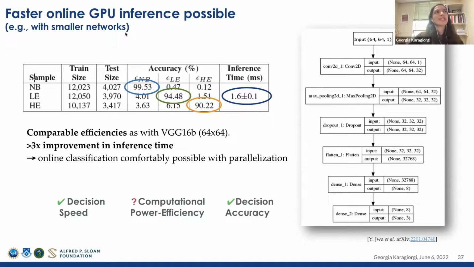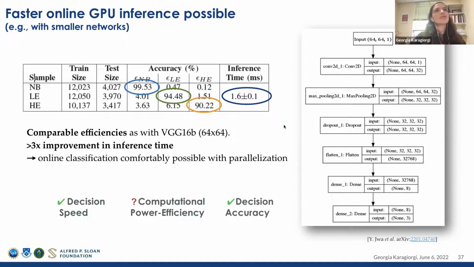So instead of a VGG16 network, we devised a 4-layer CNN that we were able to train so as to maintain efficiency for low energy supernova events and high energy rare events, but also the ability to reject a high rate of noise or empty frames, and where the inference time was well below the integration time of our data frame, the 2.25 milliseconds.